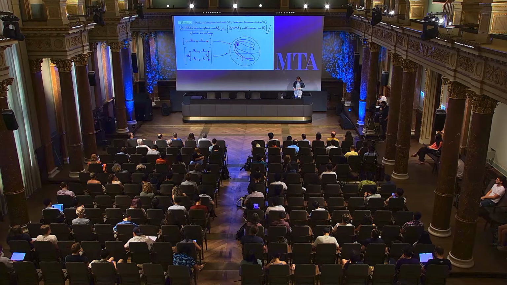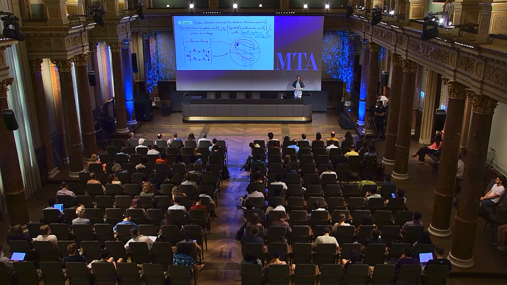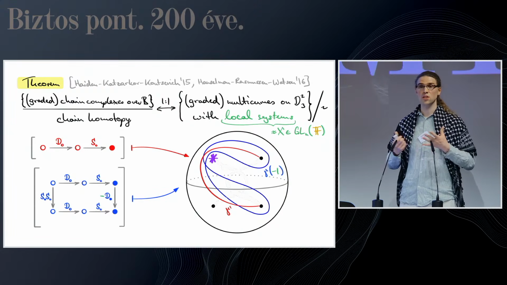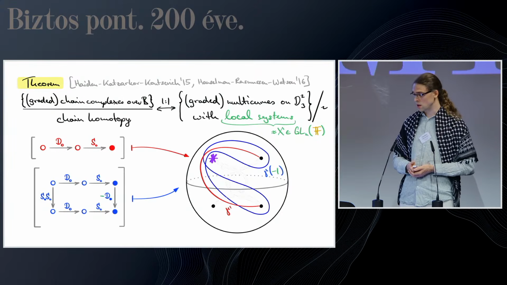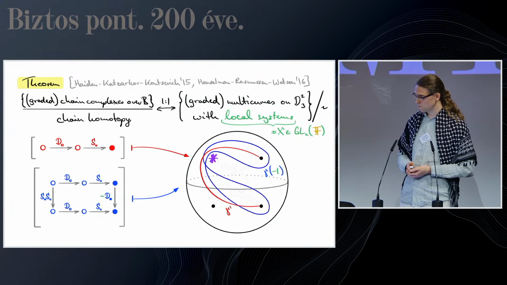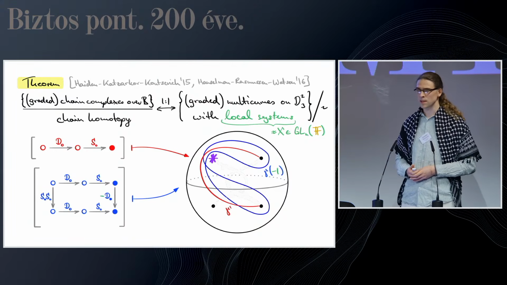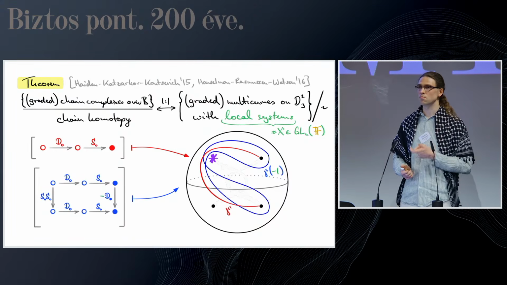So I somehow need to record this minus sign, and this is done by use of a local system. In general, you can think of a local system roughly as an invertible matrix that you consider up to conjugation. In our case, we'll only see one-dimensional local systems, so it's just a non-zero element of your ground field.